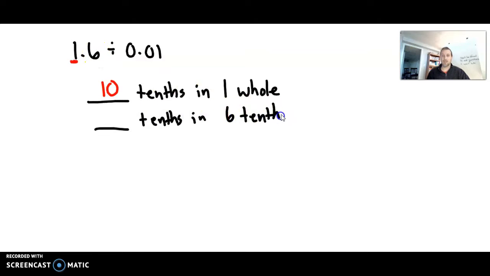How many are there all together? Well, there's 6 of them. 6/10 is the same as 6 tenths. So then, how many tenths in our one whole and 6/10? Well, that's going to give us 16.